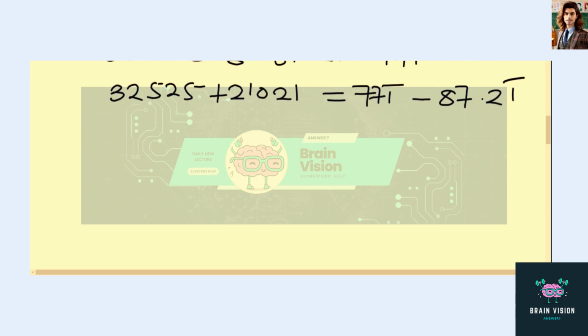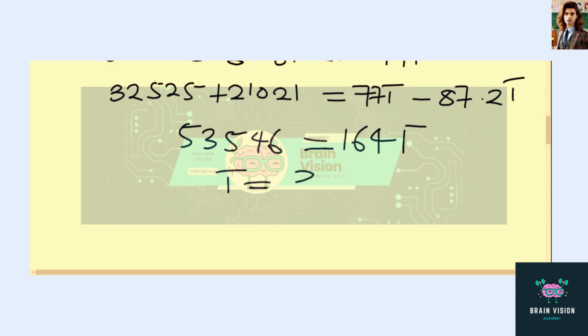All right, so this should give us 53546 is equal to 164t. Now when we divide, that should give us 326.5 Kelvin. Now remember, we already converted to Kelvin, so we can change it to degrees Celsius, which is equal to 53 degrees Celsius.